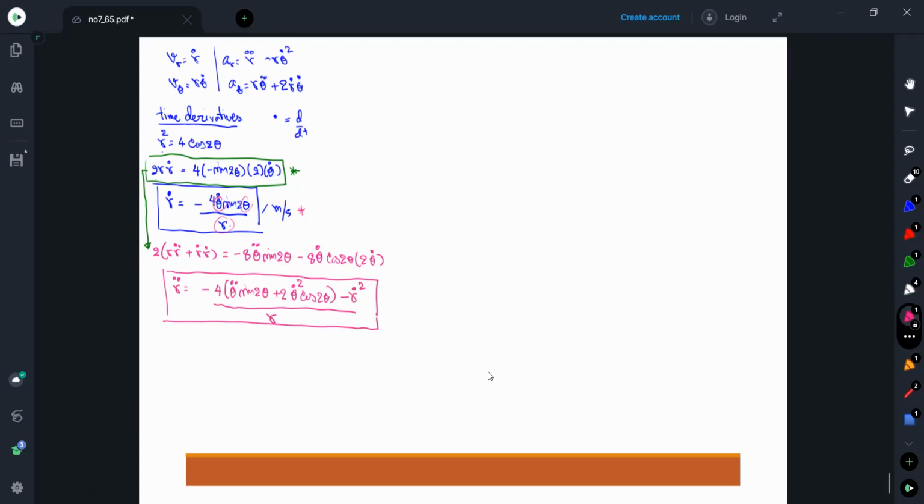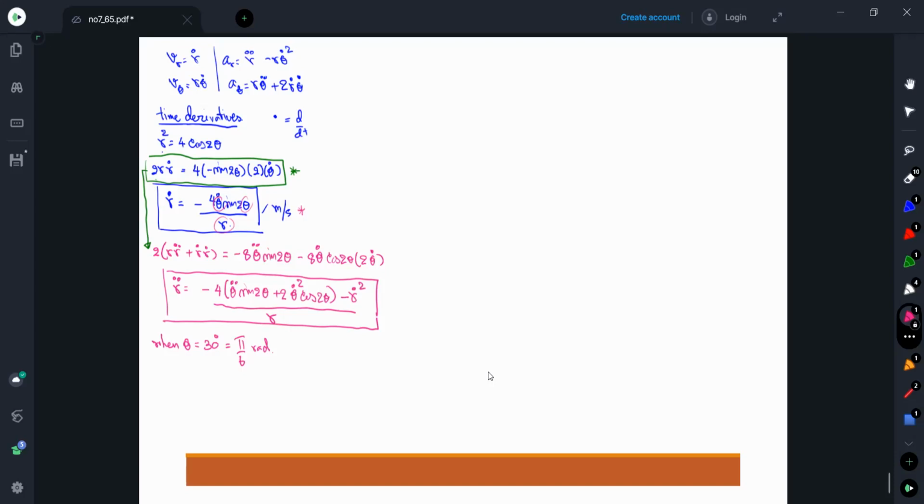So then we substitute when theta becomes 30 degrees, which is equal to pi over 6 radian. It reminds us that when we work in the polar coordinate system, the angle should be converted to radians first.